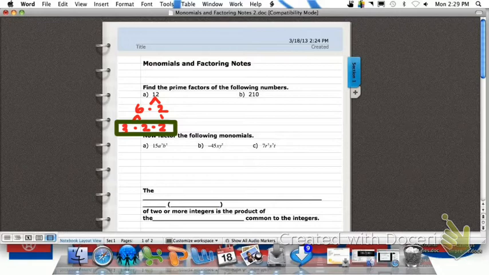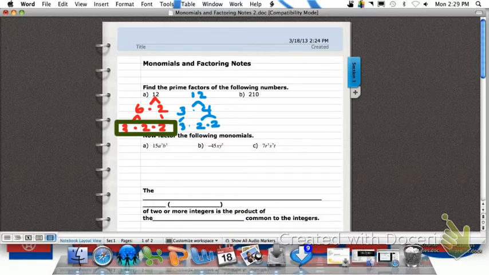Now you might be telling yourself, well, what if I didn't do 6 and 2? What if I started with 12 and then I went to 3 and 4? Well, here's 3, here's 4. 3 times 4 is 12. Can I factor 3 anymore? No, so 3 is going to come down. Can I factor 4 anymore? Yeah, it's going to become 2 and 2.